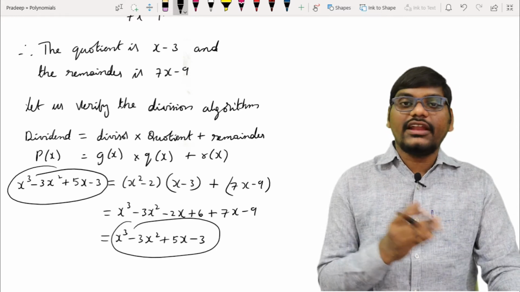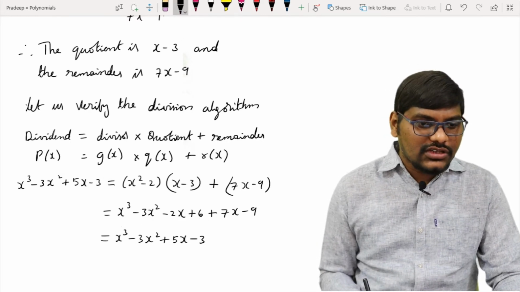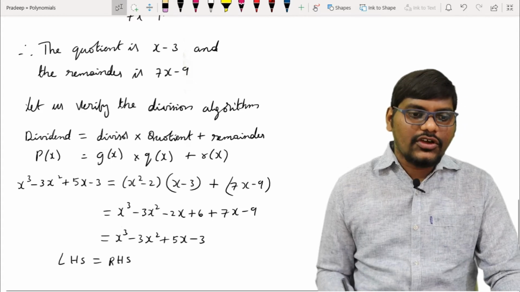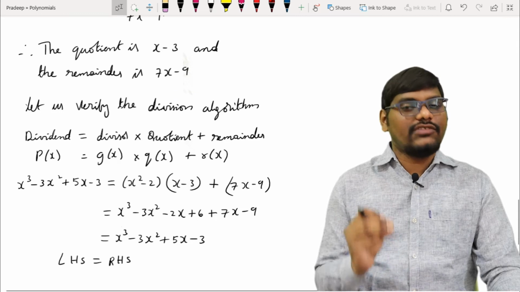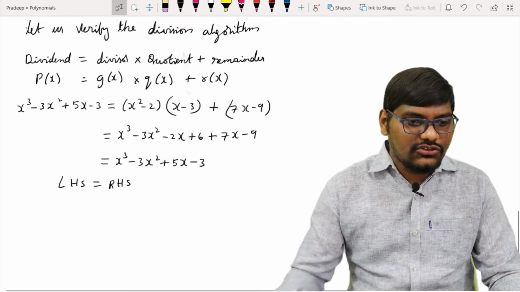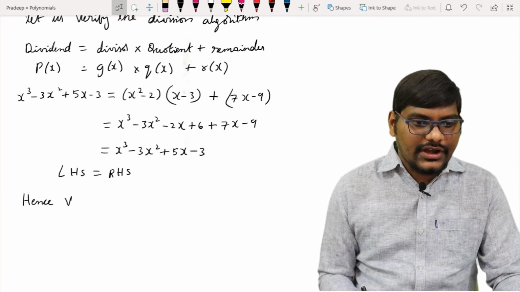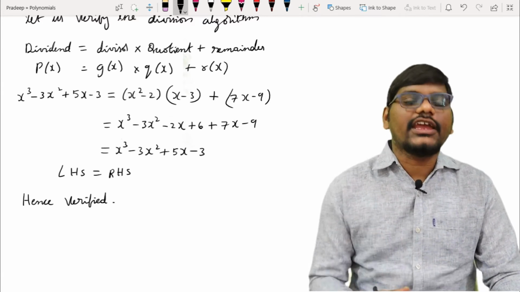The left hand side and the right hand side, both of them were perfectly the same. So we got LHS equal to RHS. Even the verification is perfect. So whatever solution we did, that was right. We'll write the conclusion, hence verified. Okay, so this is all about this first question. Let's see the second one.